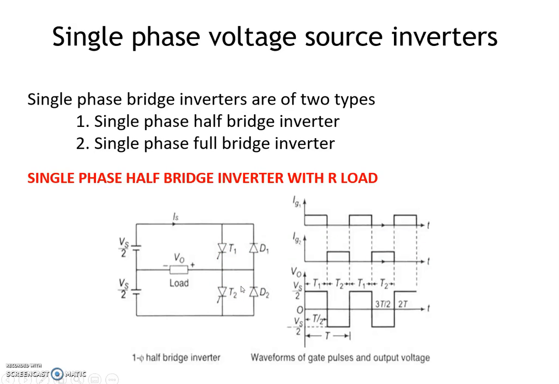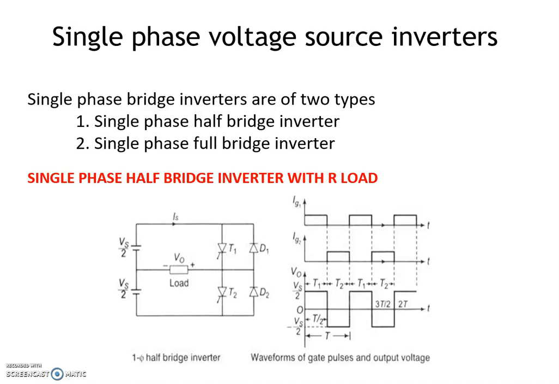First we will discuss the working of a single phase half bridge inverter with a resistive load. If our load is resistive, there is no need for the diodes D1 and D2.